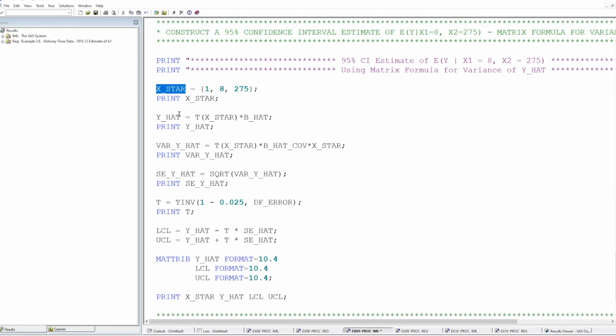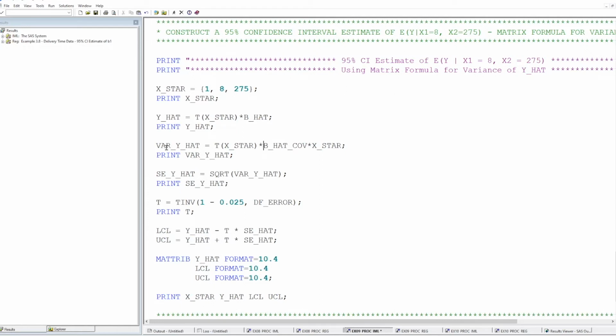We first calculate the estimated value of the expected value of y, given the x's, as the inner product of x star and beta hat. We then calculate the estimated variance of y hat, which is given by this quadratic form: the transpose of x star times the estimated covariance matrix, b hat cov, times x star itself.